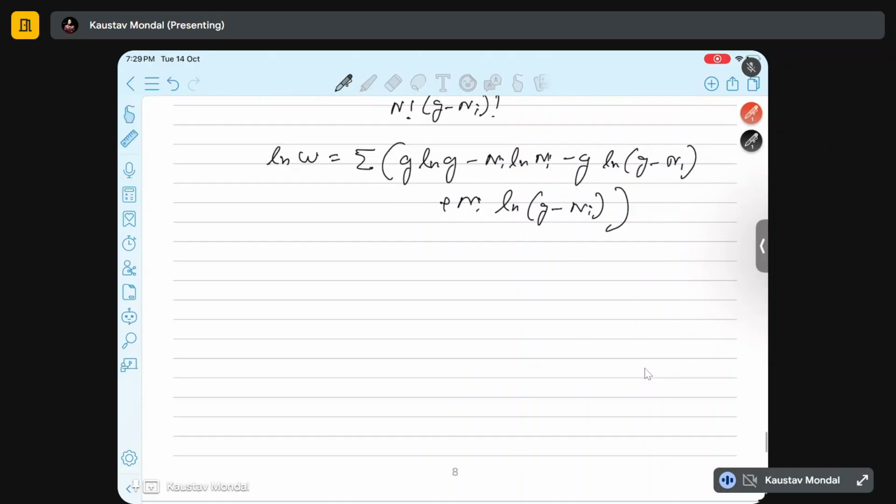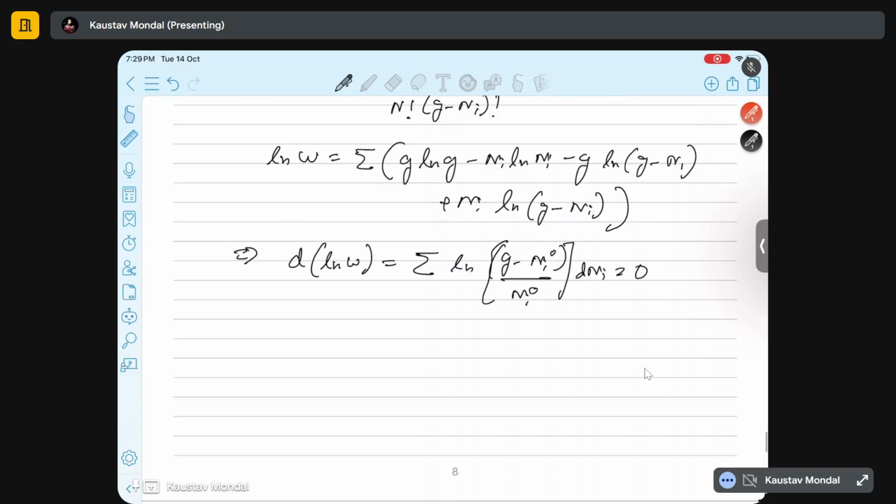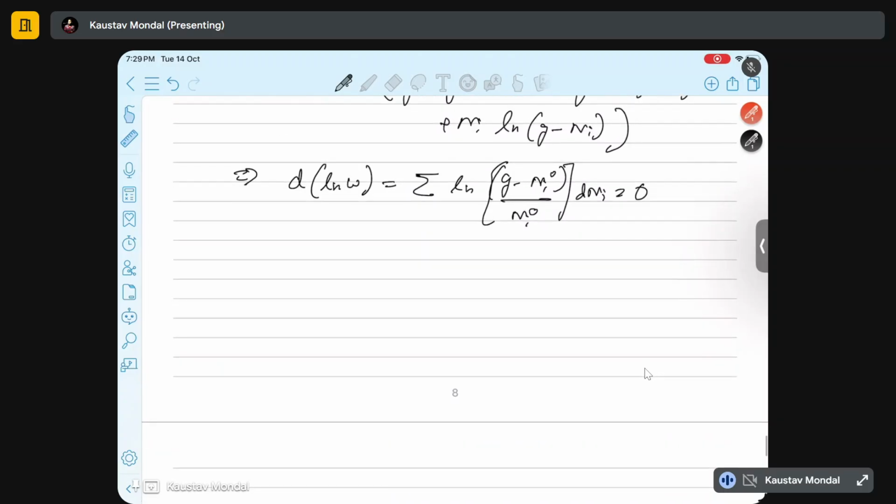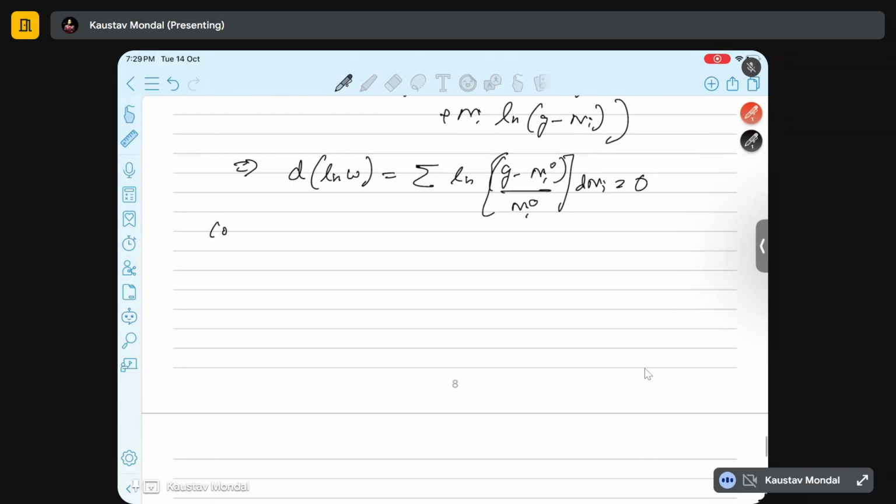Right. Now, in the case of the maximum, you have to take the derivative d ln W, summation over ln g minus ni 0 by ni 0, d ni equal to 0. Similar way, here we have to put the constraints. The constraints are summation over i d ni equal to 0 and summation over i bi d ni equal to 0.